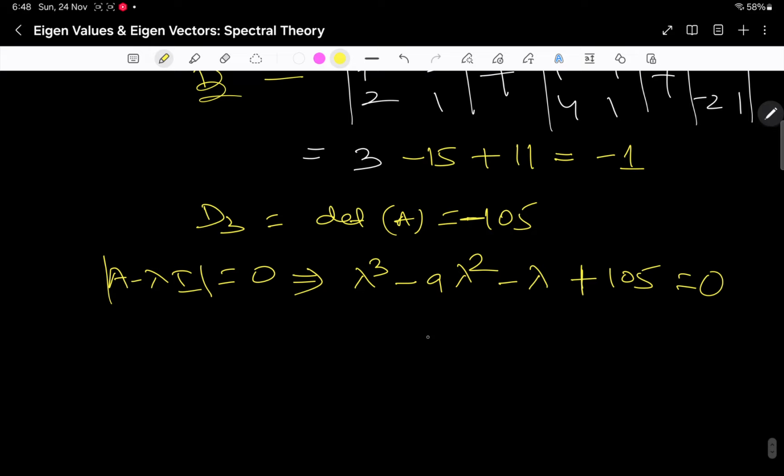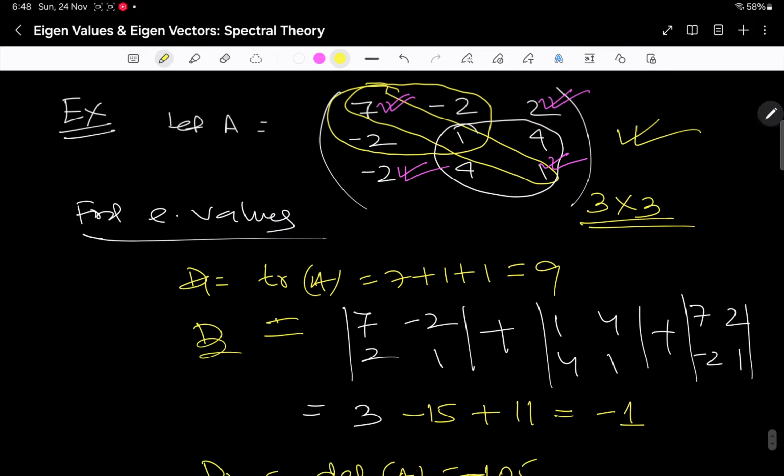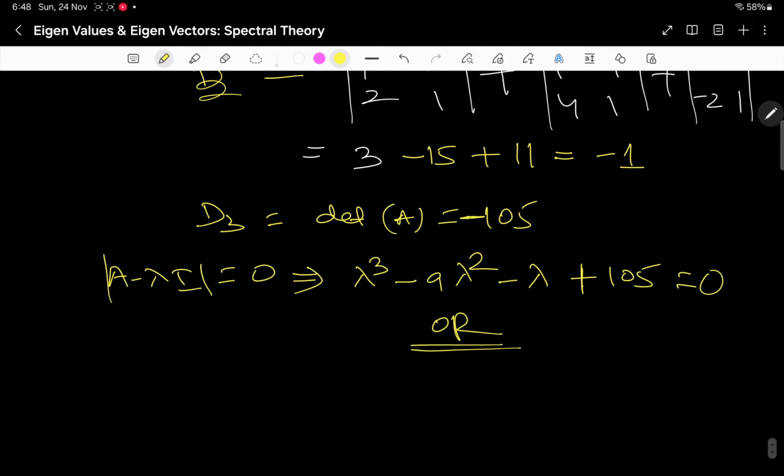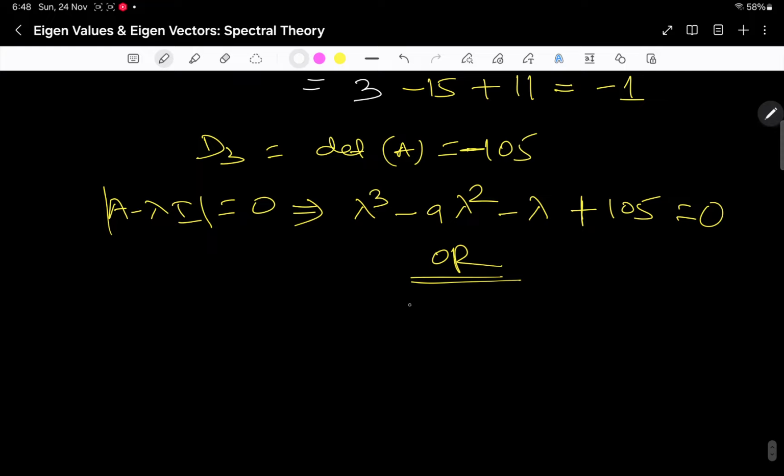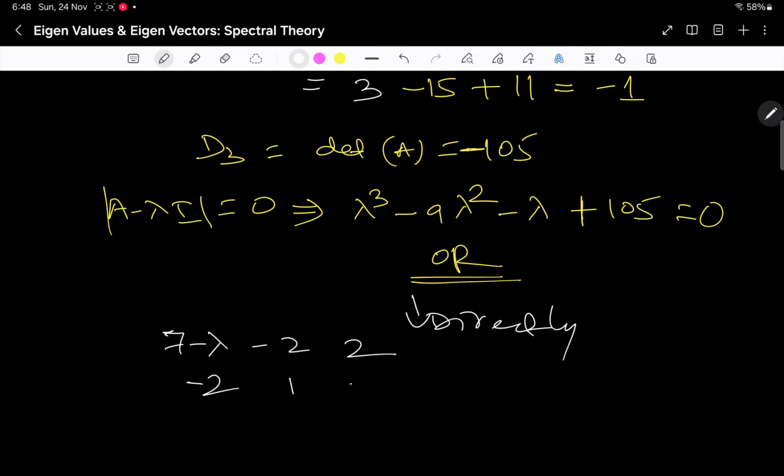Alternatively, as usual, you evaluate the determinant directly: 7 minus lambda, minus 2, 2; minus 2, 1 minus lambda, 4; minus 2, 4, 1 minus lambda.